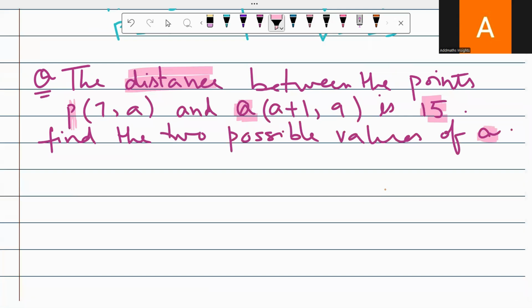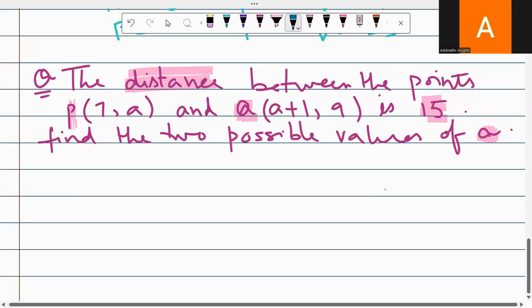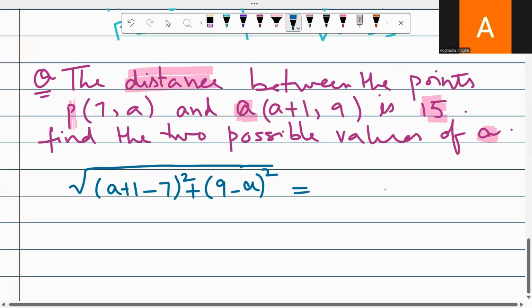So the application of the distance formula now starts. We apply the formula: x2 minus x1 whole square, where x2 is a plus 1 and x1 is 7, plus y2 minus y1 whole square, where y2 is 9 and y1 is a. Given that this whole is equal to 15.